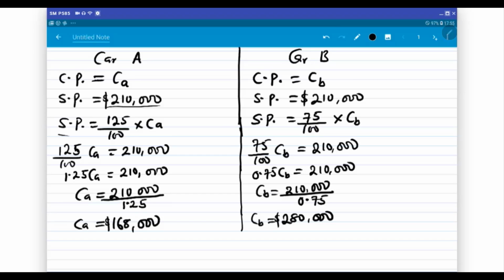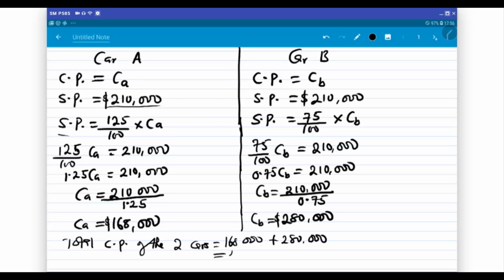Okay, so now we want to see the overall total profit or loss. So what do we need to do here? What we just need to do is first find the total cost price of the two cars, and that will be what? 168,000 plus 280,000. And when you add this together, what do you have?